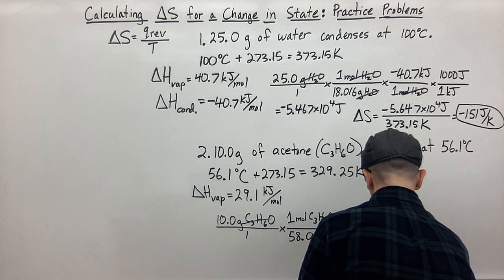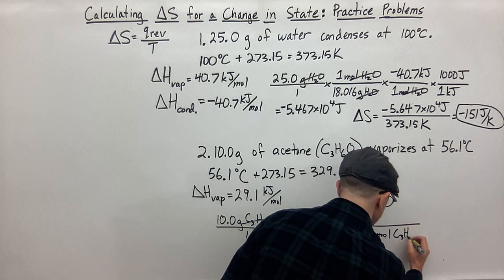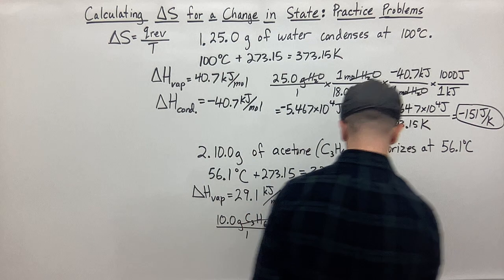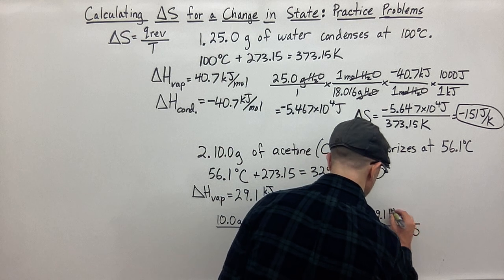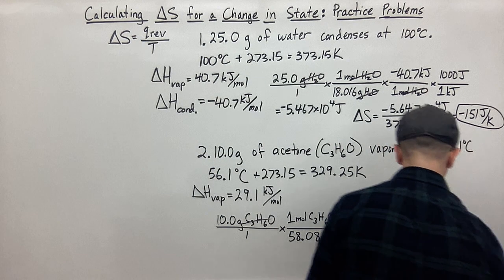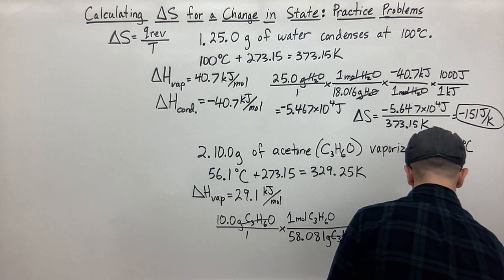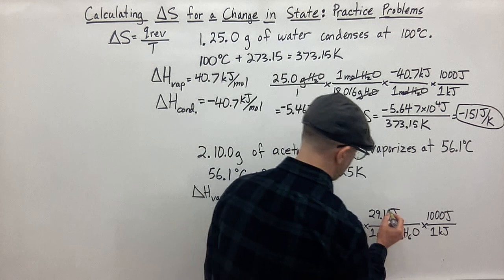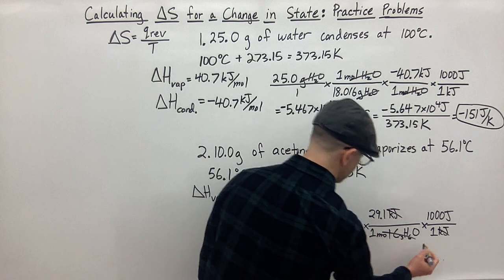So 1 mole of the C3H6O, and then I have the 29.1 kilojoules. And then finally, I want to convert kilojoules to joules. So 1 kilojoule over 1,000 joules. So now kilojoules cancels out. Oops, I forgot here, moles of my acetone cancel out there.